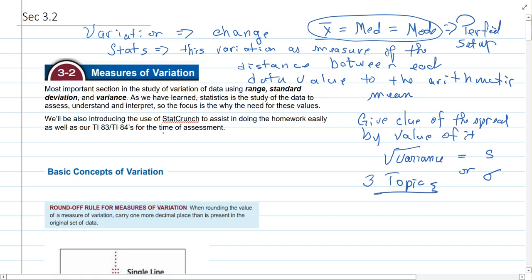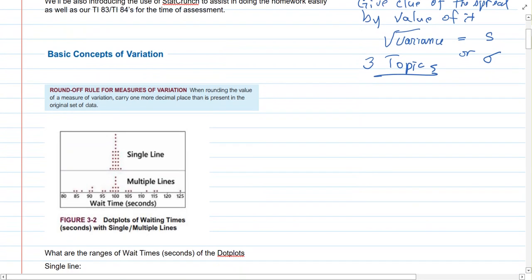So we can also use StatCrunch to assist in doing the homework easily, as well as a TI 83 or 84 for time assessment. Now what we're going to do is I picked problems that you could stick in your calculator, or you can hit the keys on StatCrunch.